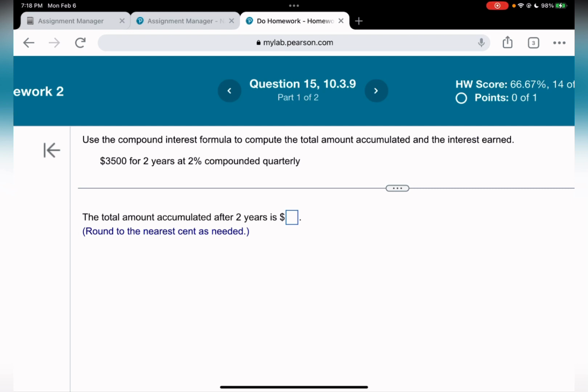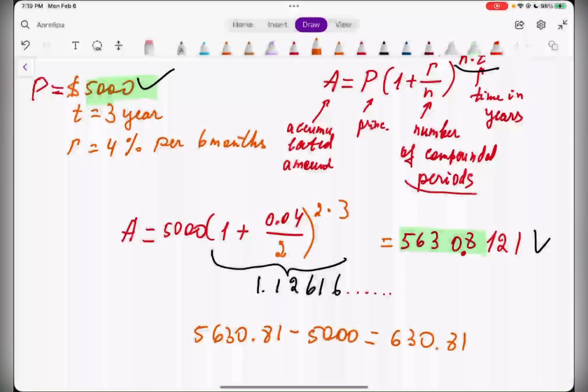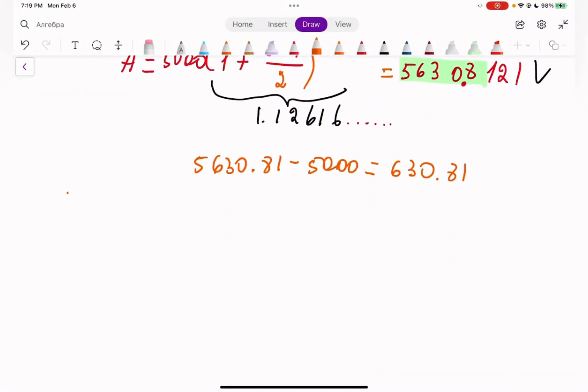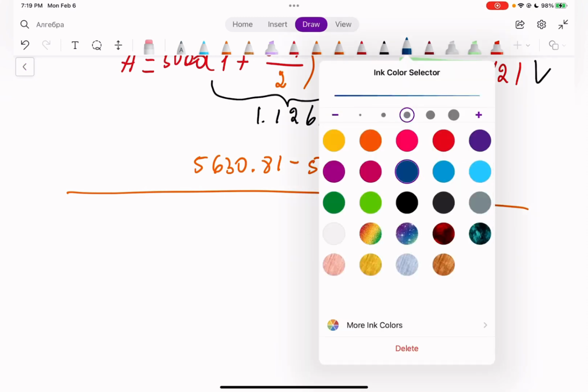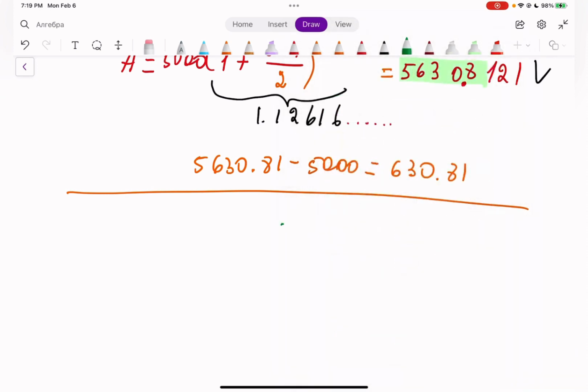How are we going to solve this problem? We need to find the total amount accumulated after 2 years. Because it's compound interest, again we are going to use the formula A equals P times 1 plus R over N. Let me write down what we have.